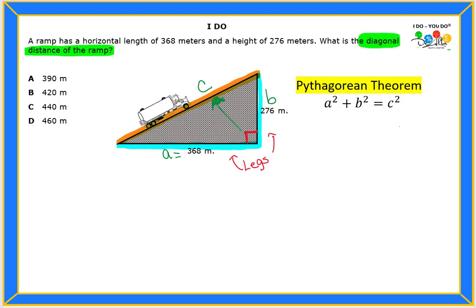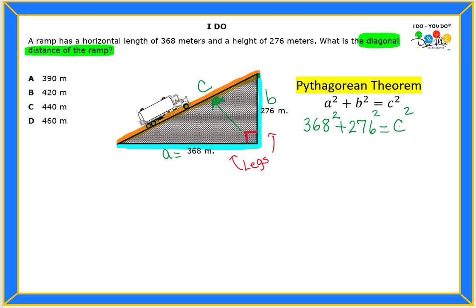Okay, so what we're going to do next is let's replace some values here. So A is going to be 368 meters, but I'm just going to leave out the units and write down the number. Plus B, it's 276 meters. So I raise it to the second power. And I'm looking for C, right?